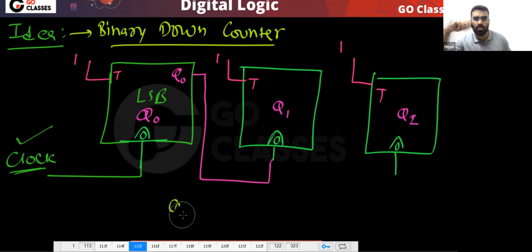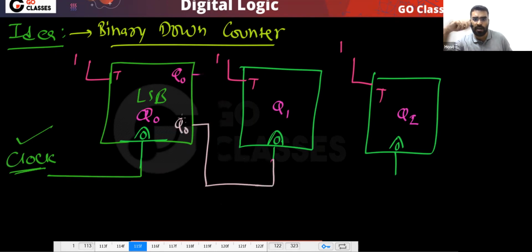So what should I do? I should make this connection. I should connect to this Q0 bar. Now everything is fine. Why is everything fine?